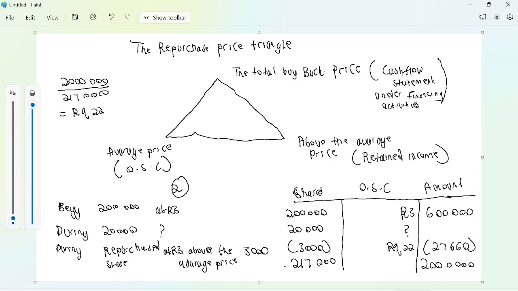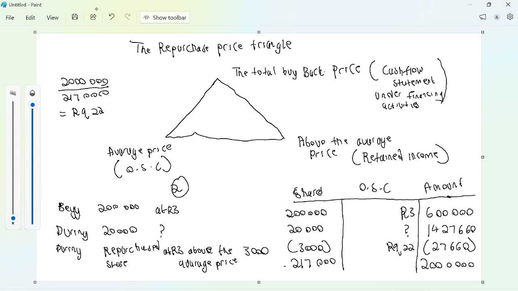So we say 2 million minus 27,660, I mean plus 27,660 minus 600,000. I'm getting 1,427,660. So in this case, we've completed our ordinary share capital.